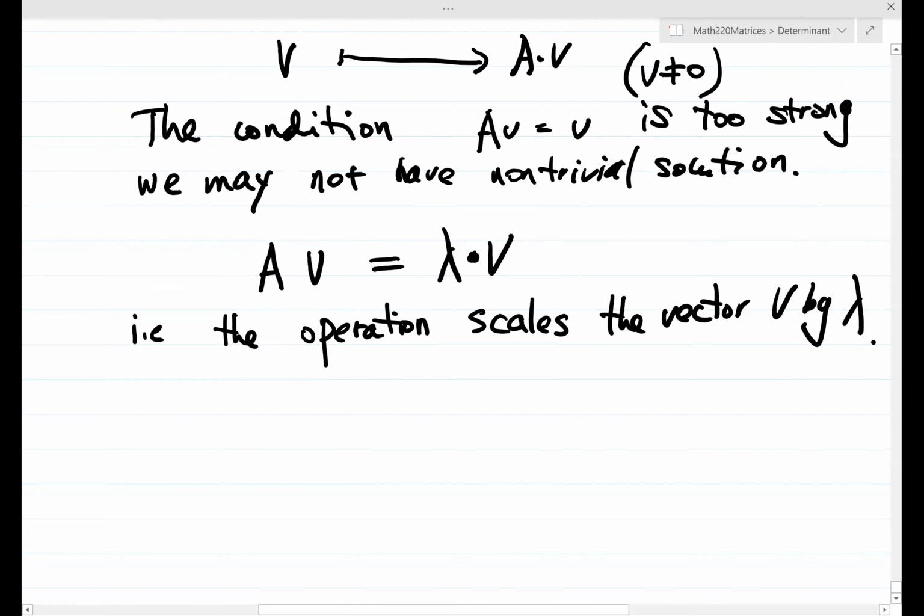So now this is a meaningful operation. Now we give a definition.